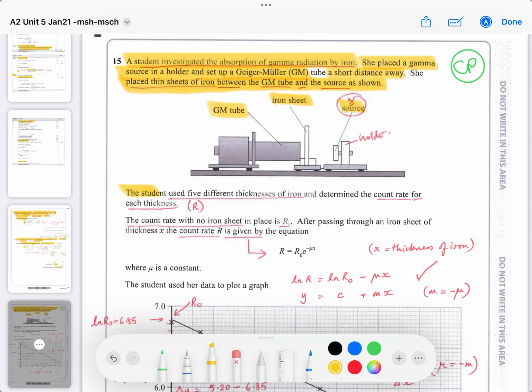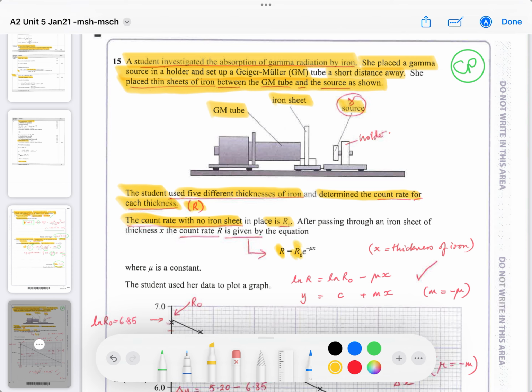The student then used 5 different thicknesses of iron and determined the count rate each time for each thickness. So the count rate would be R in this equation. The count rate with no iron sheet is R0 in this equation.